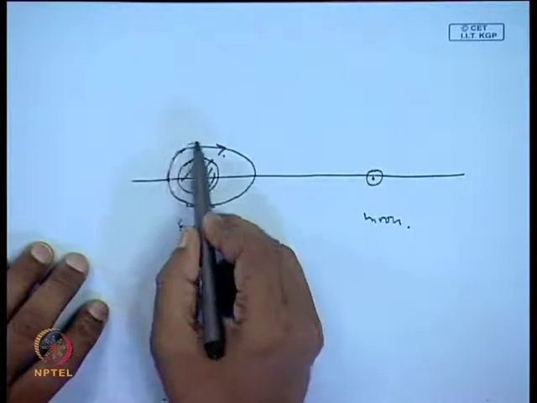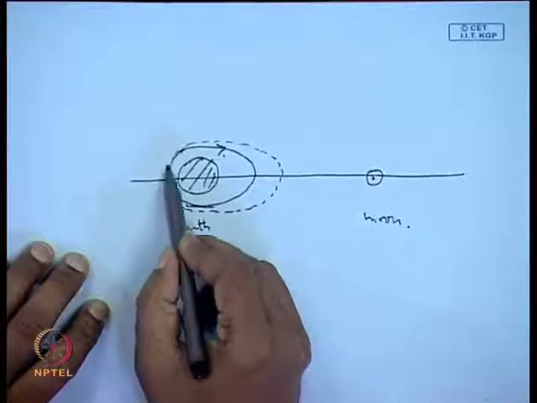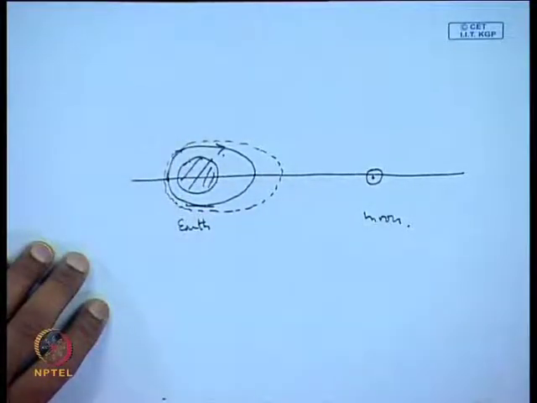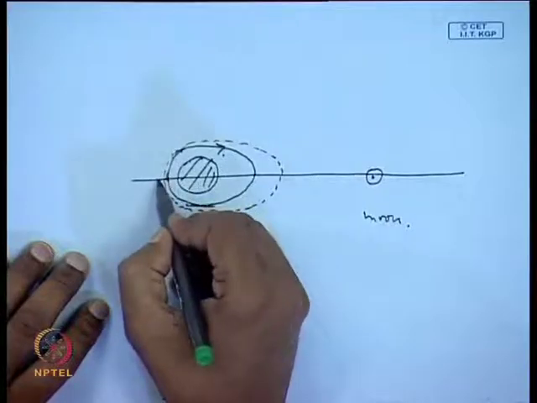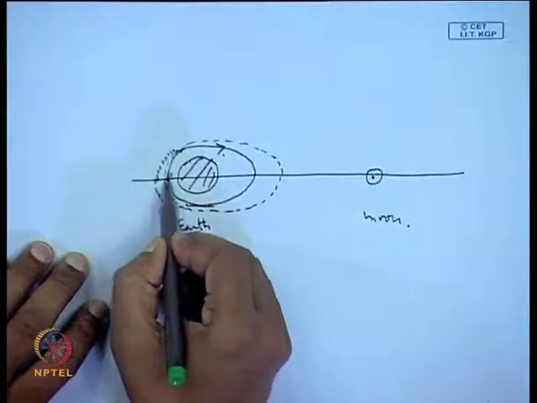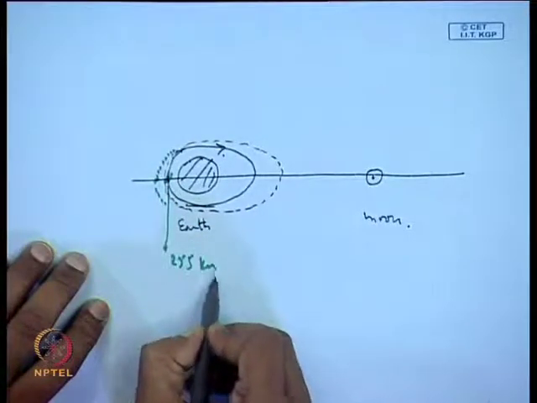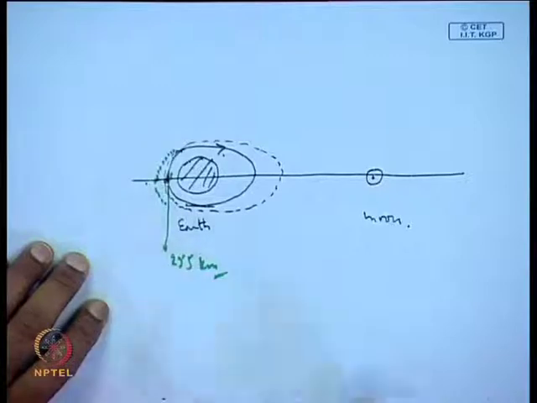In this maneuver, the apogee was boosted and also the perigee was raised. Suppose the perigee is here at 255 kilometers. This was also raised. Why is this required?